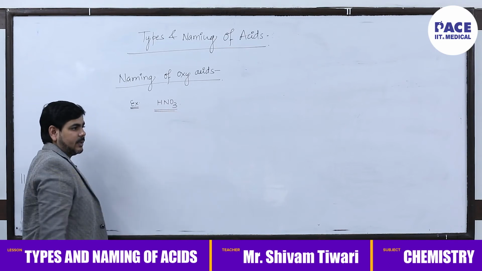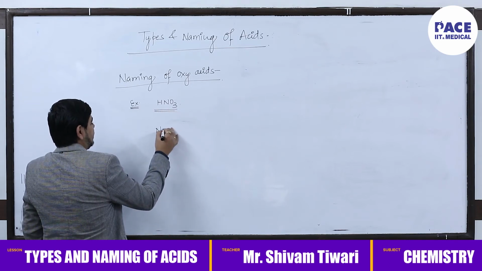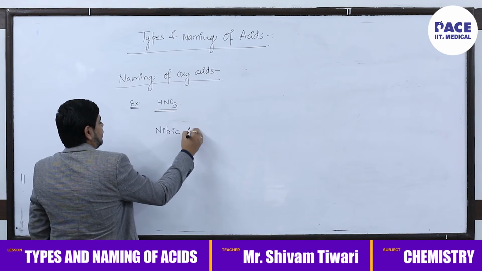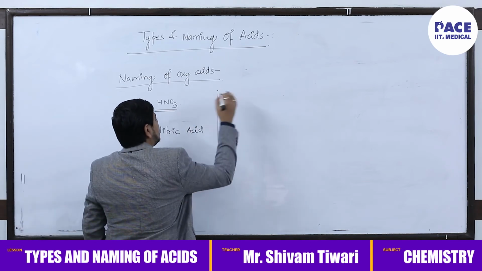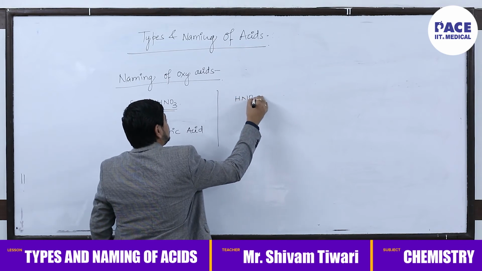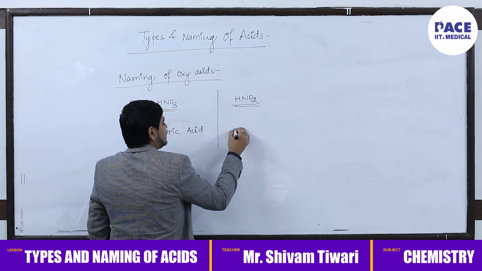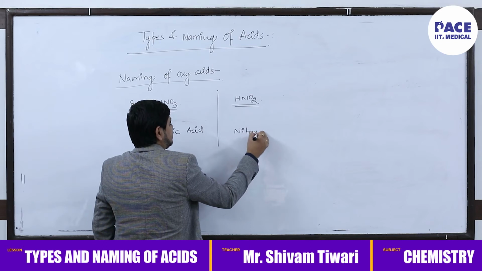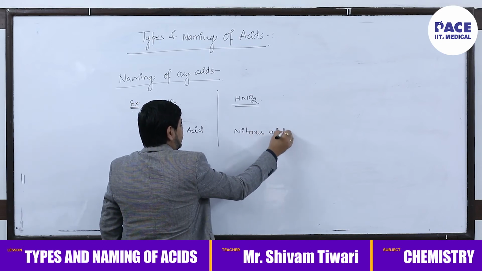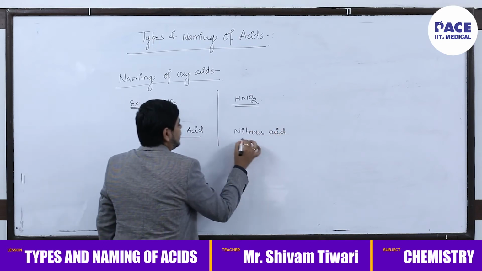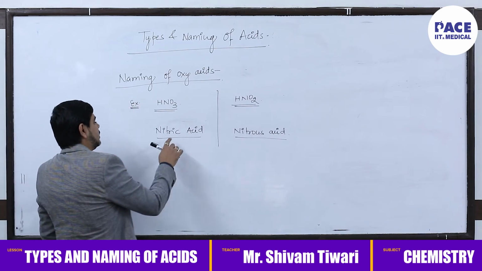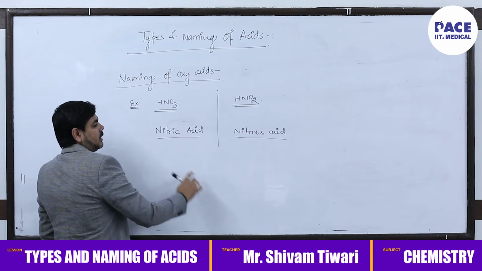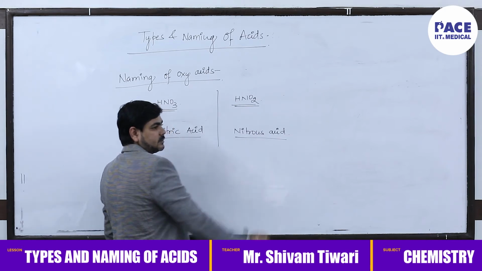All of you know the name is nitric acid. Similarly, if I write the example of HNO2, the name is nitrous acid. Can you figure out some difference over here and here, in the names? Yes. Over here it is ic and over here it is ous.